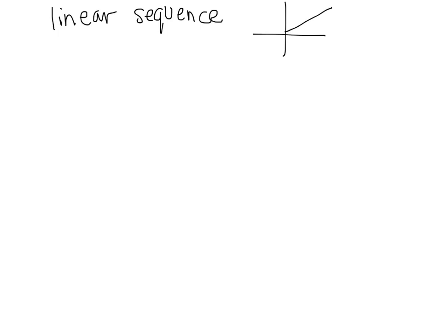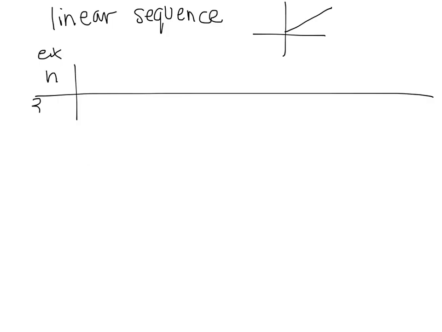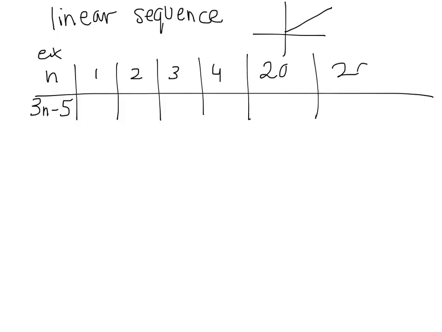Okay, so another example that we can do, if you have the n and you have the rule, then you can go through and figure out each term. We can even go to 20 or 200 with this pretty easily.